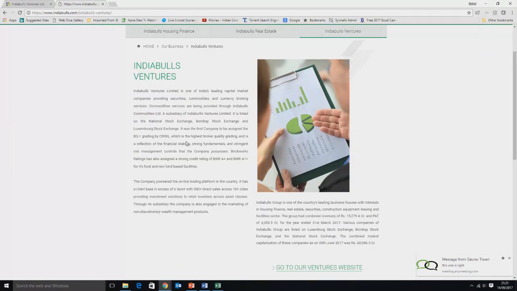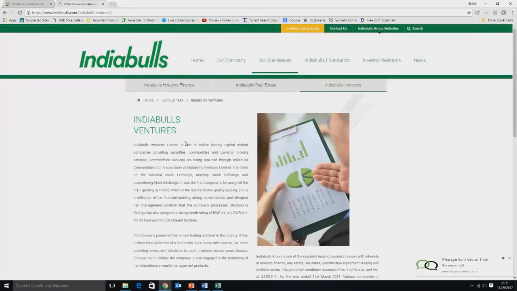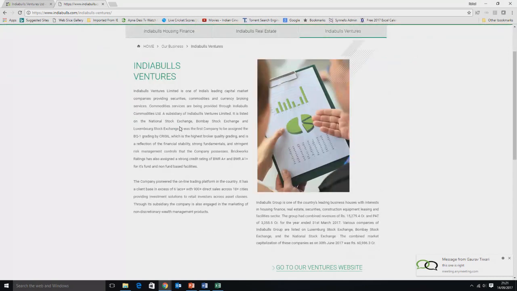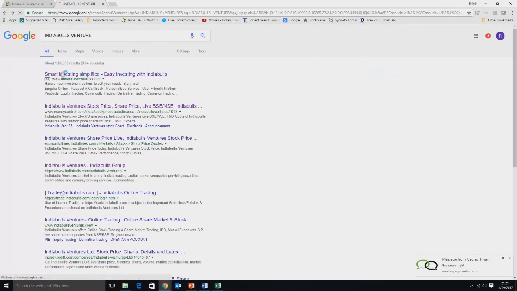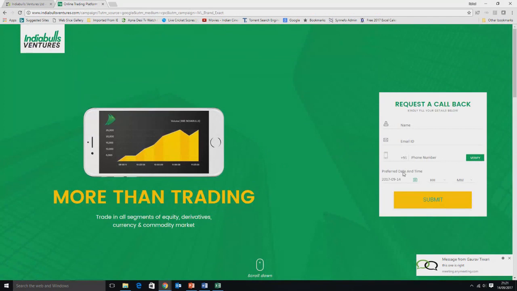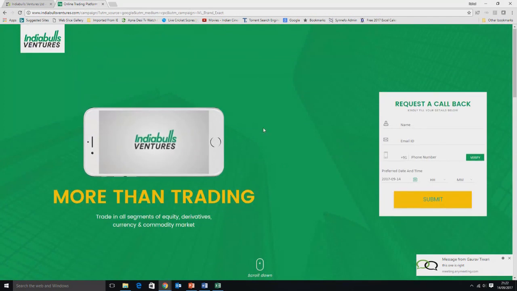So this is the same as what we have seen previously. So this is exactly the same thing. But essentially, this one is right, and this one is as well. This one is the actual website, and that one is the group company's website.